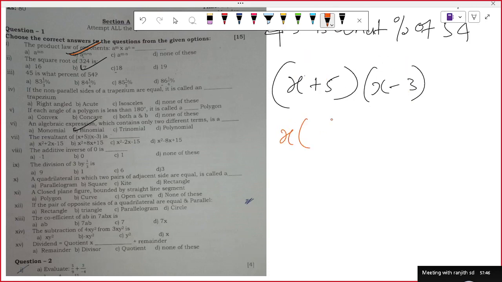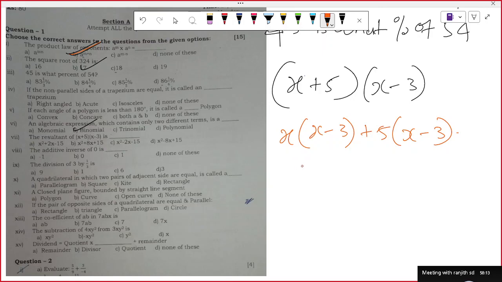Only when there is a plus b and a minus b, you can use a square minus b square. This is the seventh question. Take x outside, (x - 3) in bracket, then plus 5 outside, (x - 3).